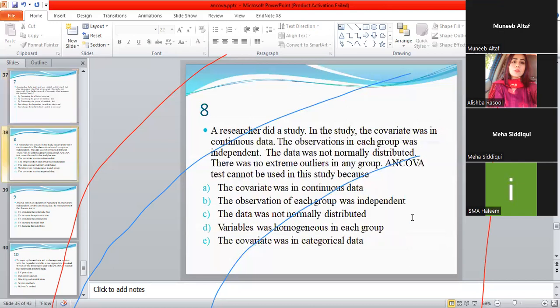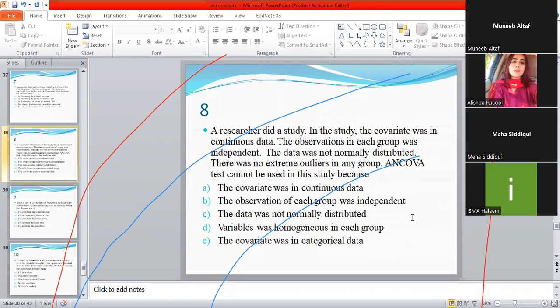Question number 8. A researcher did a study. In the study, the covariate was continuous data. The observations in each group were independent. Data was not normally distributed. There was no extreme outlier in any group. Why can the ANCOVA test not be used in this study?